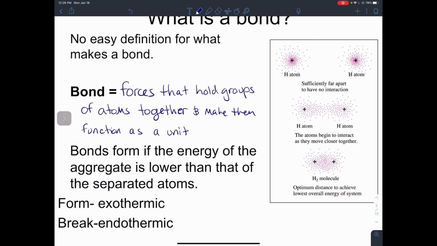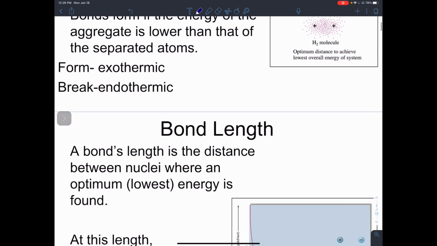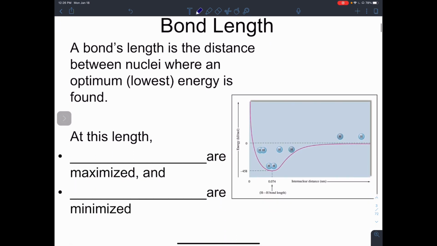And, think about it. If you look around the world around you, if chemical bonds broke spontaneously with no energy, that's what spontaneously means, things around you would be breaking down right before your eyes. But instead, things actually have a tendency to hold together, and it takes energy to break the molecules apart. We're going to learn a little bit about bond length.